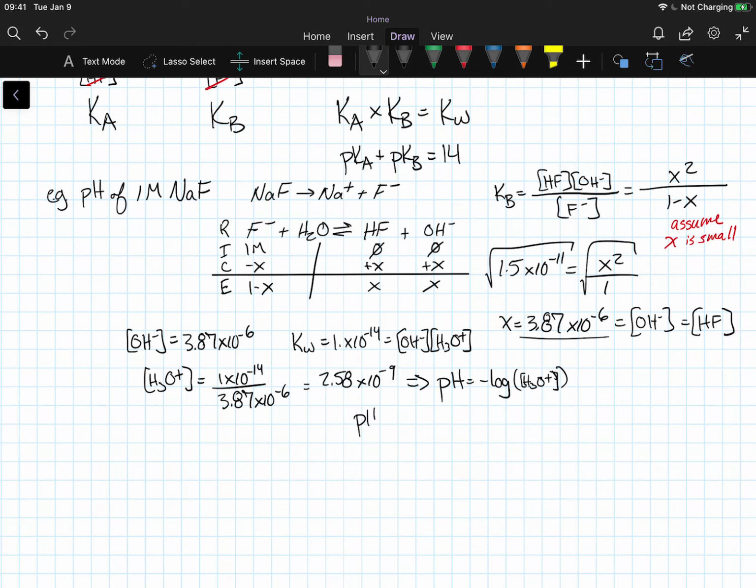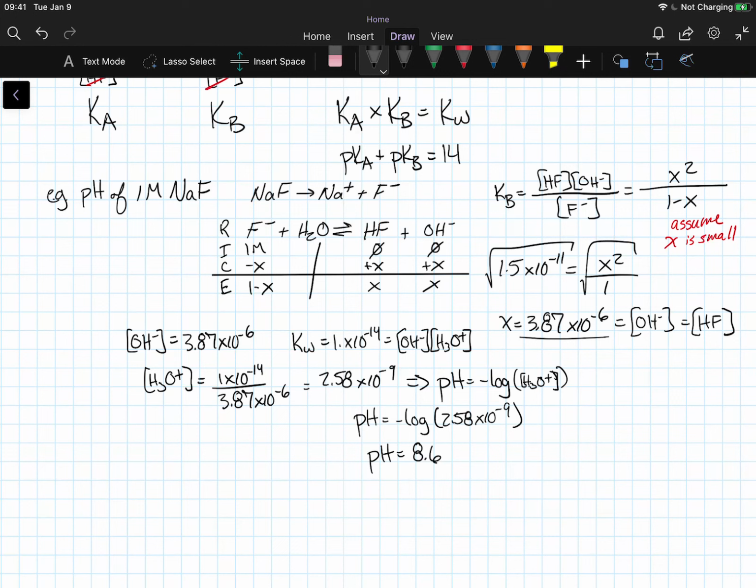So we have pH is equal to negative log of 2.58 times 10 to the negative 9th. And again, I'll just type this into the calculator really quickly. And I get a pH equal to 8.6 with sig figs and rounding.